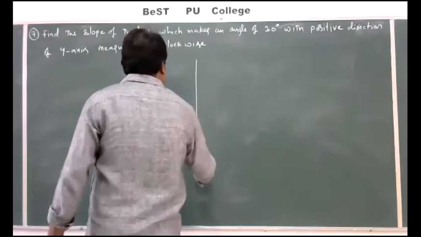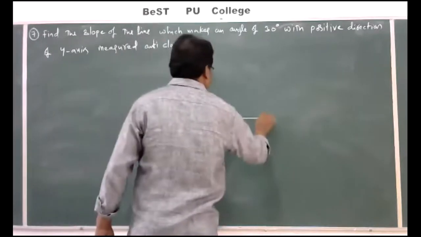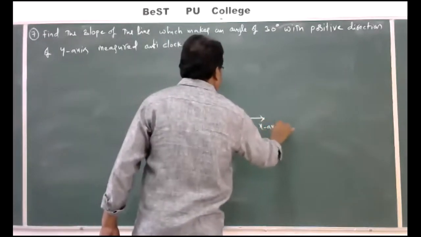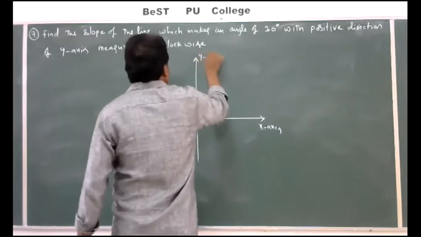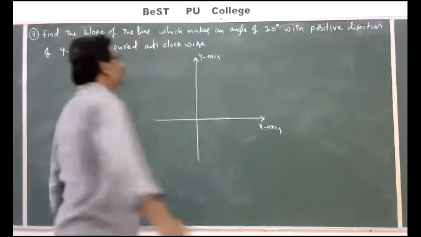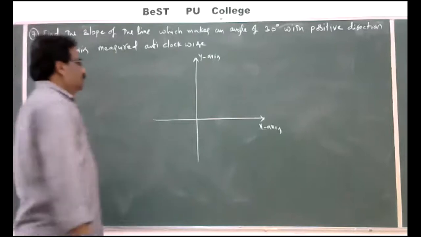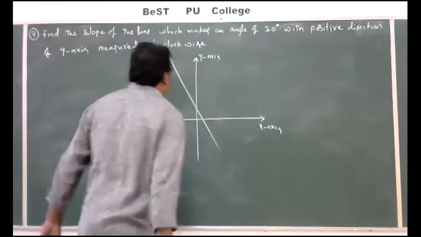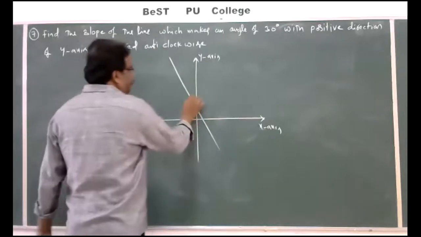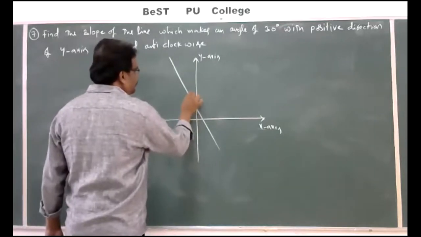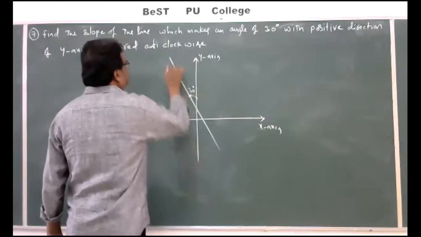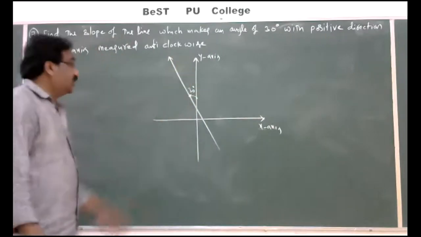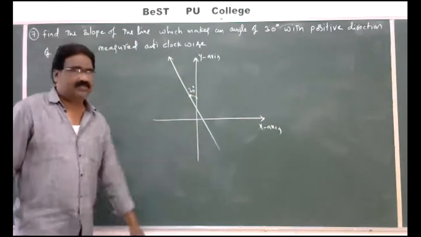Yes, first draw this figure. This is the x-axis and this is the y-axis. For example, this is the line which makes an angle of 30 degrees in the anti-clockwise direction with the y-axis, not the x-axis.